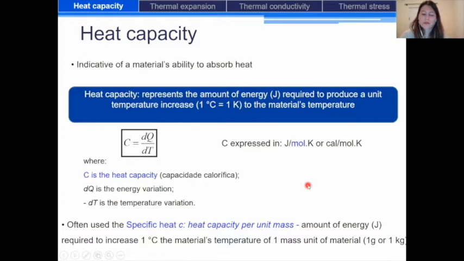And so very often we will use the specific heat, which is written with a small c, which is the heat capacity per unit mass. So it is the amount of energy required to increase the temperature of 1 mass unit of material by 1 degree. So for example, for 1 gram.